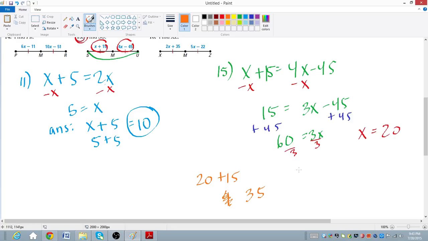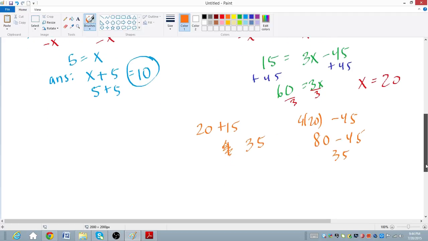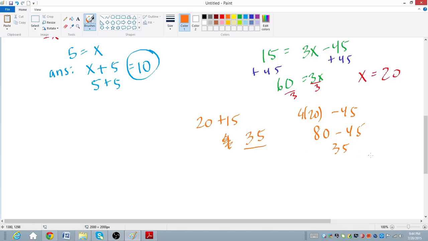So 4 times 20 minus 45. 4 times 20 is 80, minus 45, that will equal 35. So now I know one length is 35, the other length is 35. When I add it together, the answer is 70.